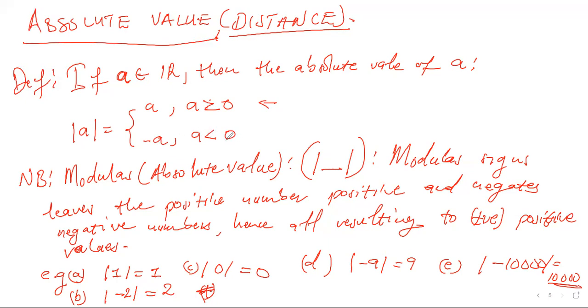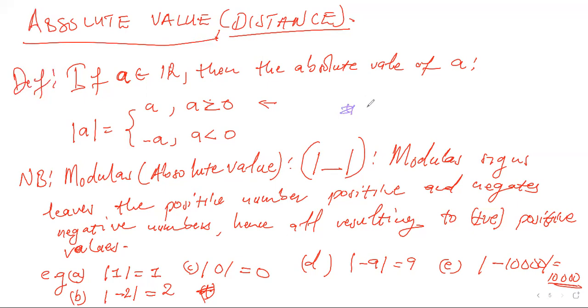This simply implies that after having modulus of A, you can get positive results if A was already a positive number or 0, or you can get a positive result if A was a negative number, because what modulus does to A is negate the number, so it becomes positive. I mean something like this, according to my definition. Let me put a different color, this funny one.